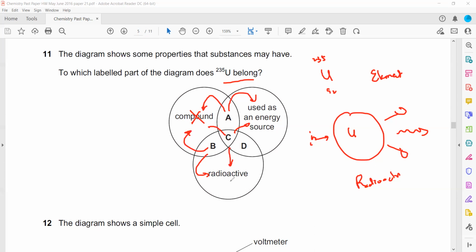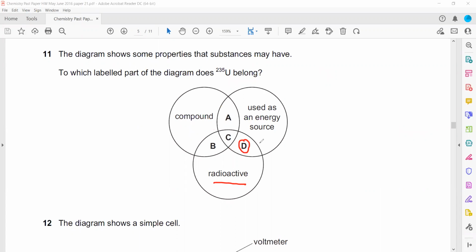Energy source and radioactive is correct, but again compound is not correct. So when you select D, it means it is an energy source, that is true, and it is also radioactive, emitting harmful radiation. So the common property is radioactive as well as used as an energy source.